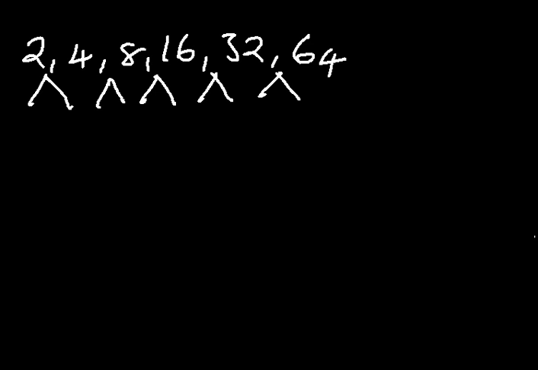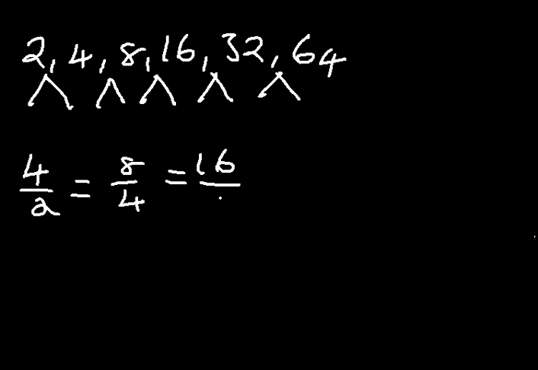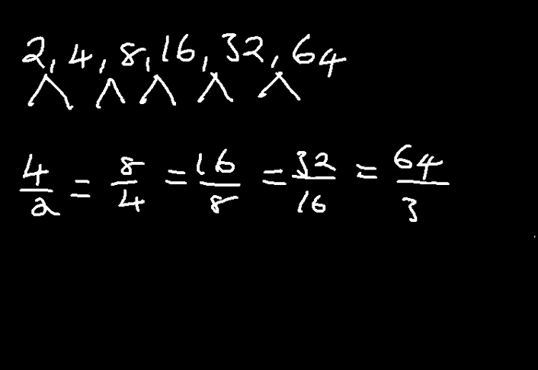So in this case, 4 divided by 2 is the same as 8 divided by 4, which is the same as 16 divided by 8, which is the same as 32 divided by 16, which is the same as 64 divided by 32.